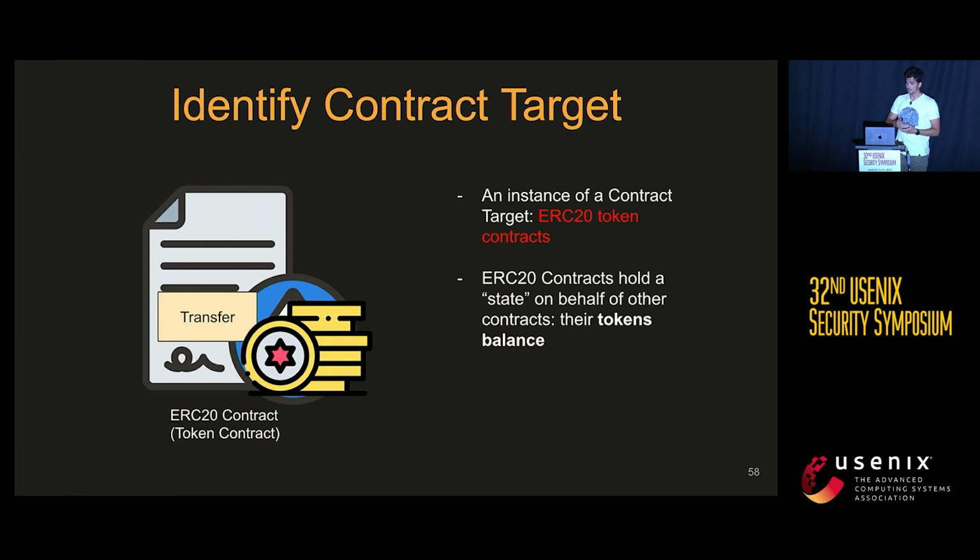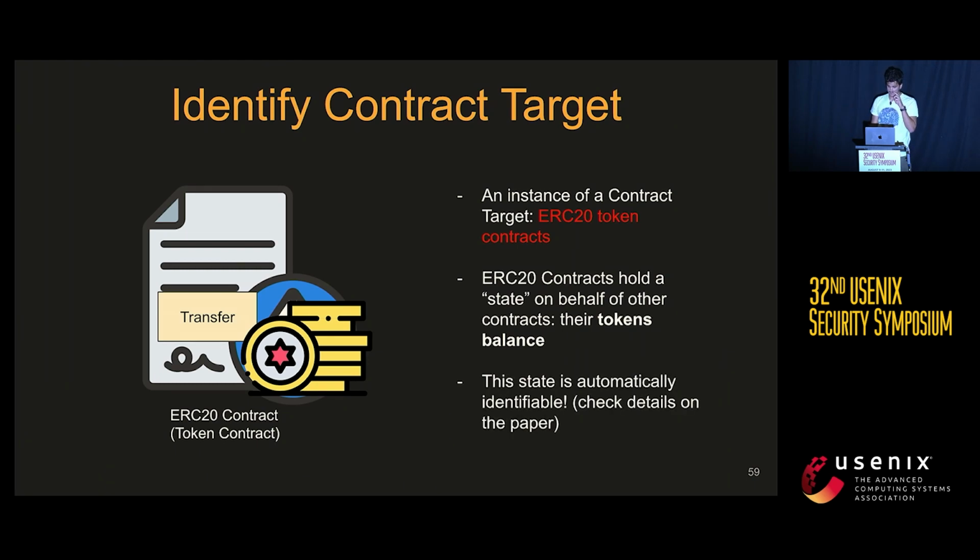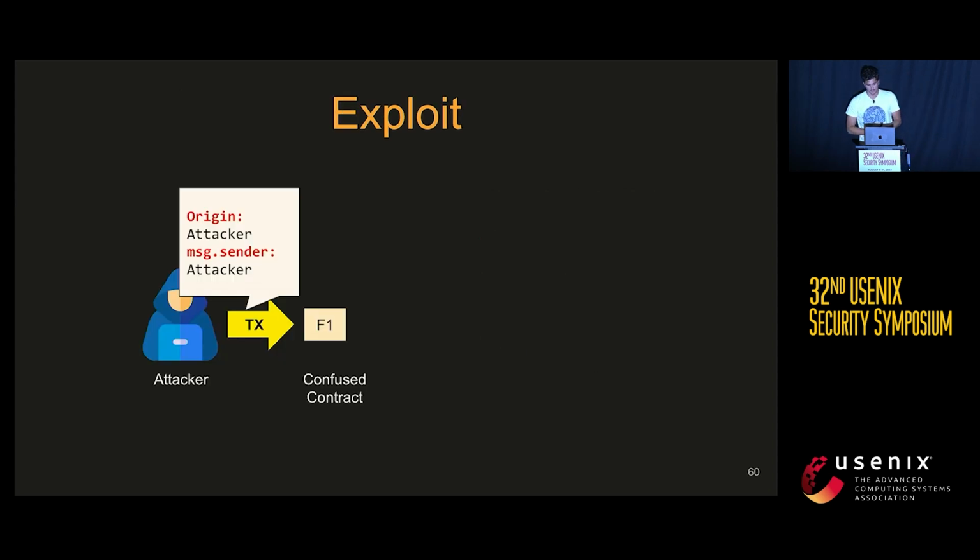So it turns out that these ERC20 contracts hold state on behalf of other contracts, which is their token balance in that specific contract. And this state is also automatically identifiable. I don't have time here to explain how we identify this state, but please check out the paper for more details.